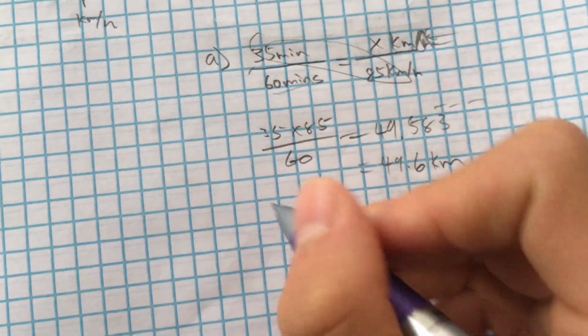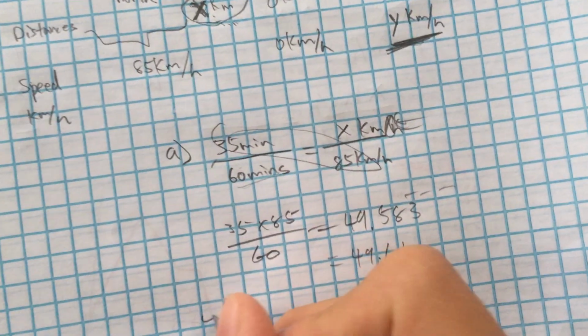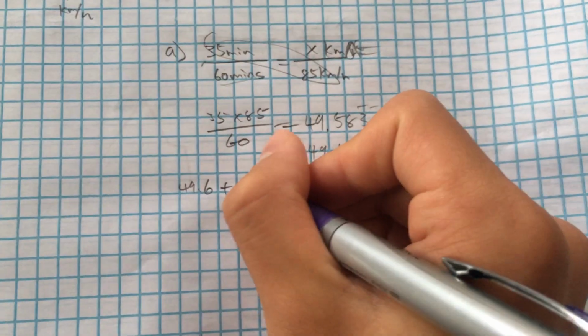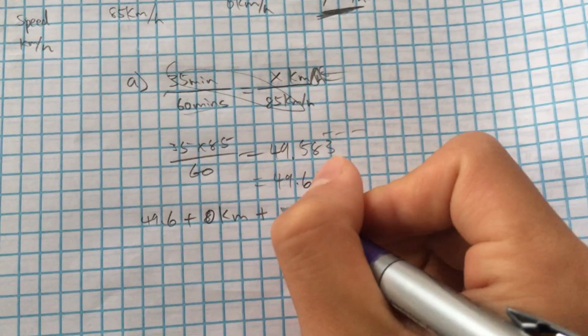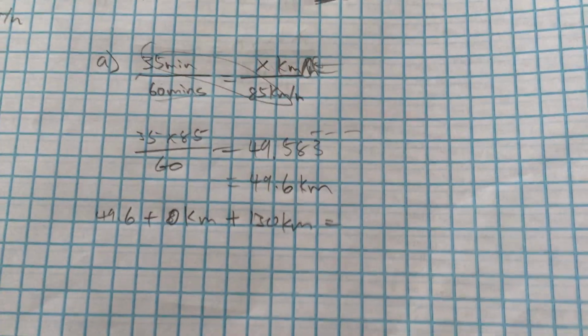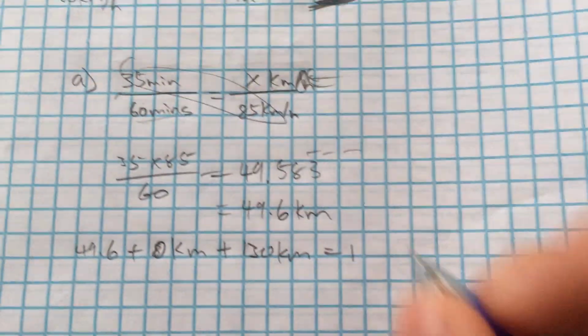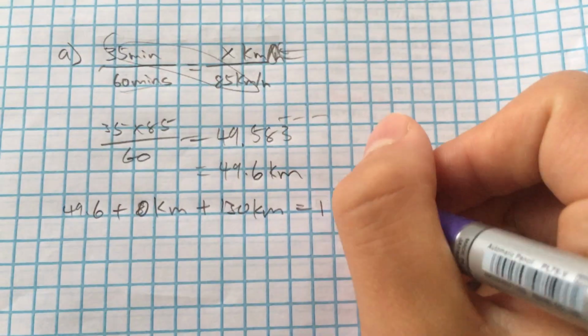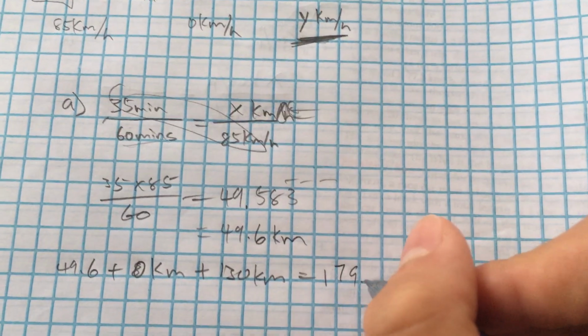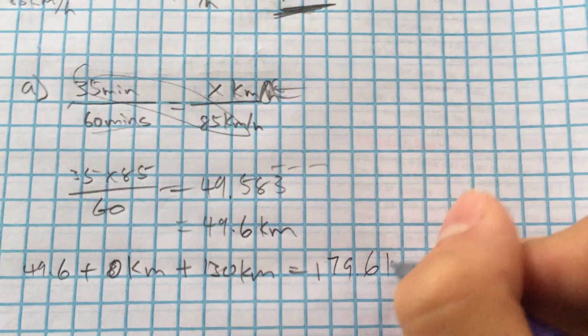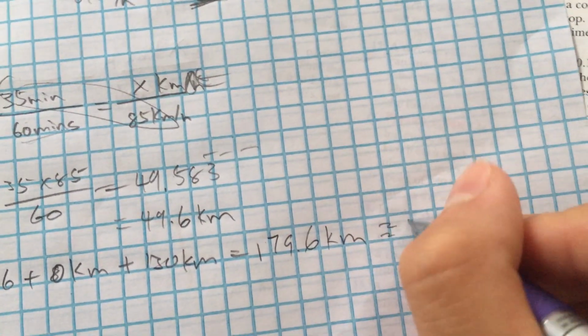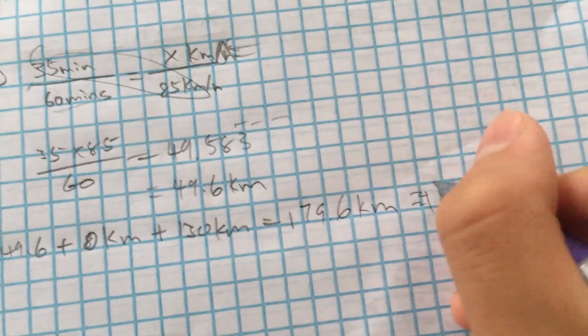To find the displacement, we add all the distances up, which is 49.6, add 0 kilometers, add 130 kilometers, gives you 179.6 total kilometers, but it's 3 sig figs, which is 180 kilometers.